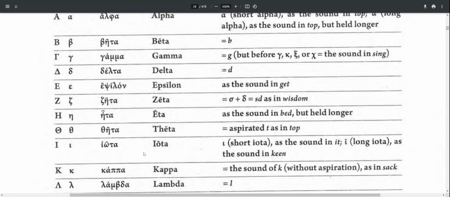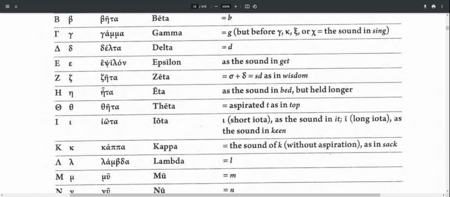The next letter is iota. It can be pronounced as short as in it, but I don't pronounce it just like it. I pronounce it like the e in keen, as the sound in the word keen. So short, long.